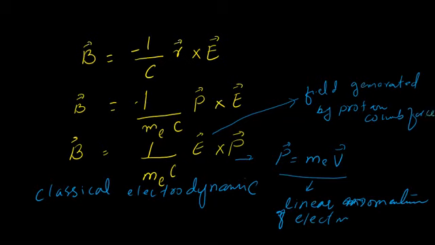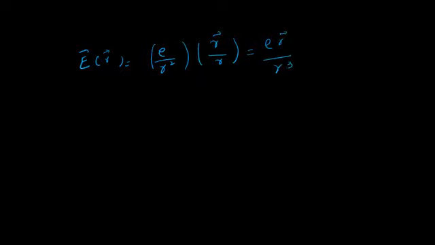The next thing we need to know is about this field, so we can write the electric field equation. The electric field generated by the proton Coulomb force can be written as E of r equal to Ze divided by r squared into r vector divided by r, which equals Ze r divided by r cubed.